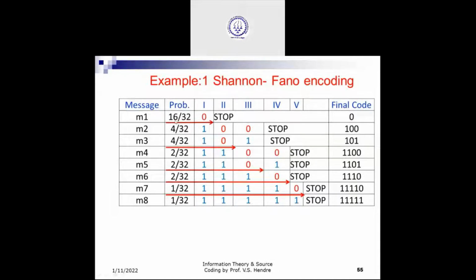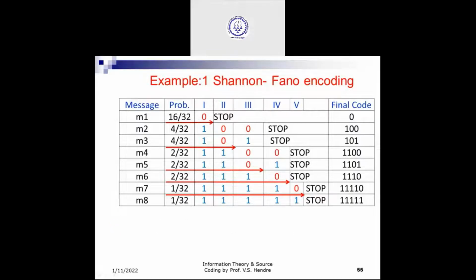As the probability goes on decreasing, the amount of information that we get from the symbol goes on increasing, and therefore the more informative symbols have been encoded with more bits. So as the probability decreases, the number of bits per symbol increases. Lowest probability, highest information, and it should be represented by a large number of bits per symbol. I hope the things are clear to you.